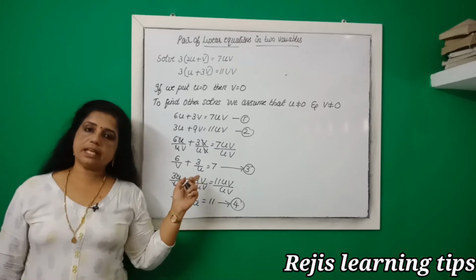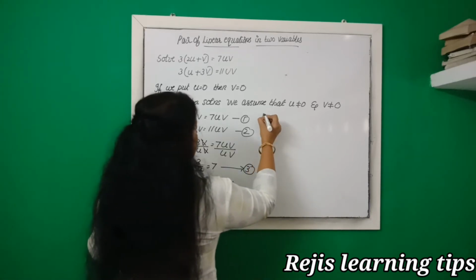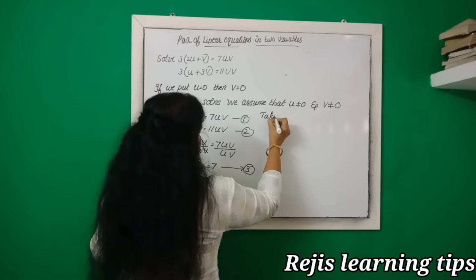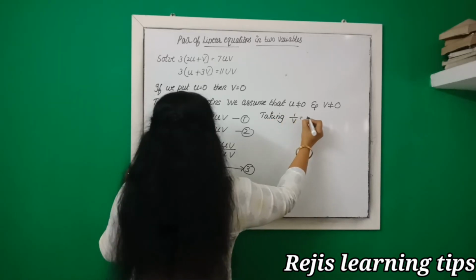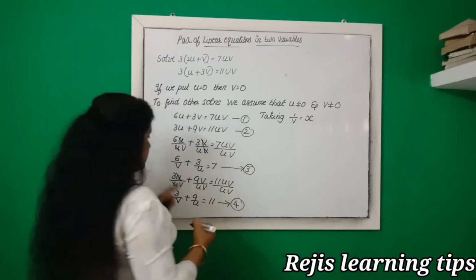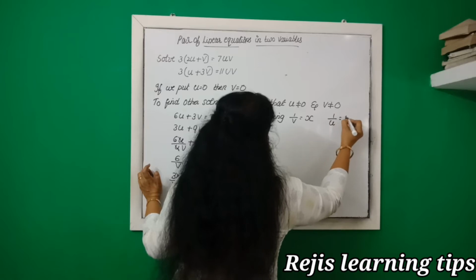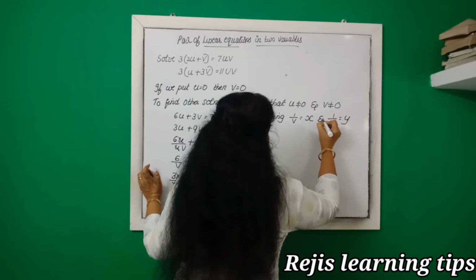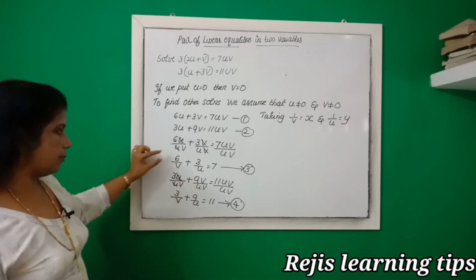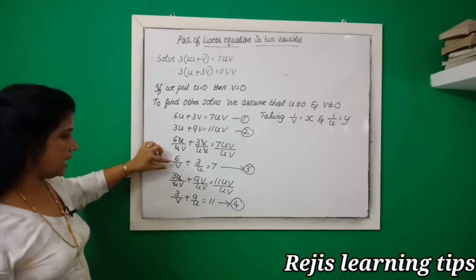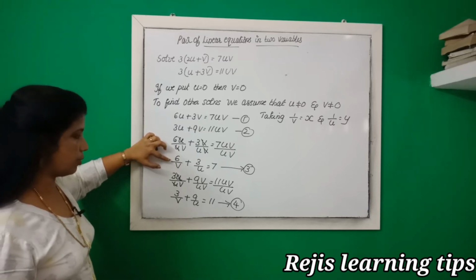Then taking 1 by v is equal to x and 1 by u is equal to y, we substitute in the third equation.